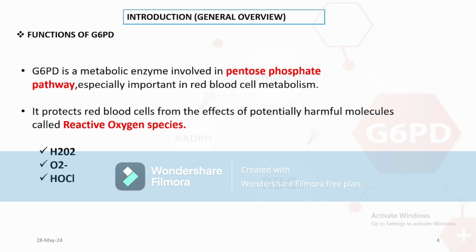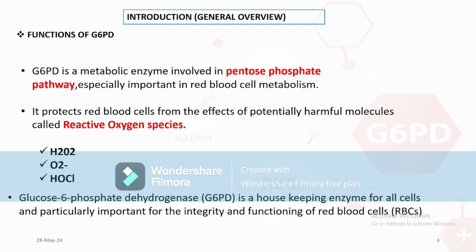Now, in the body, we have certain harmful substances or molecules which are called reactive oxygen species. These reactive oxygen species affect the red blood cells.